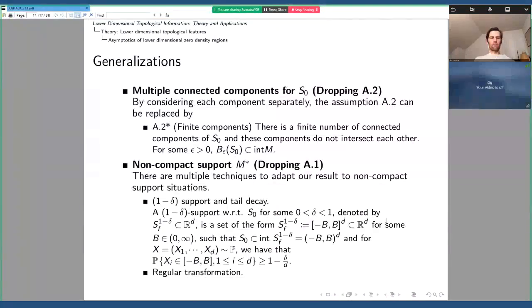And then we shrink the delta to 0 as the sample size tends to infinity. And the second approach is a little bit more complicated. It basically requires you to construct a regular transformation which transforms the majority of the support back to a compact set. And that allows you to reduce the non-compact support to the compact case.